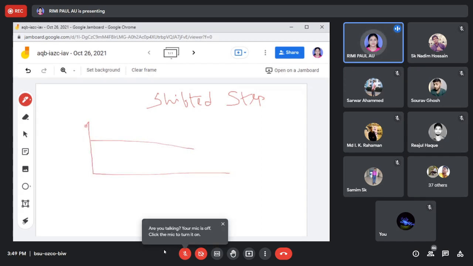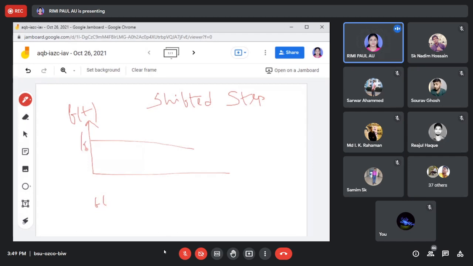I don't know what the function is. You can see that this is a step function, so I can write f(t). Now f(t) is equal to k. I don't know what the value of k is. If k is equal to 1, then I can say it's a unit step function. Otherwise, it's a step function. So f(t) is equal to k when t is greater than or equal to 0.